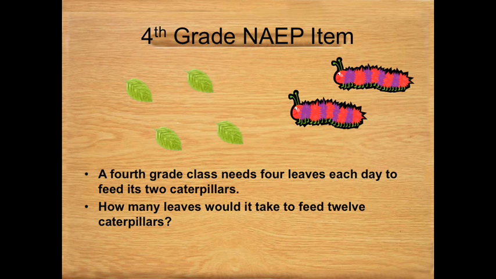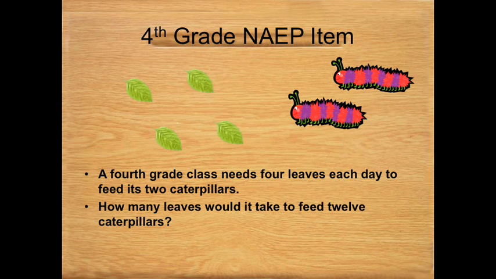So if we look at this problem as trying to construct the solution similar to what was done in the video, it would give the students the ability to use a manipulative to try to construct and reason through this problem. So let's take a moment to think about how we would solve the problem.